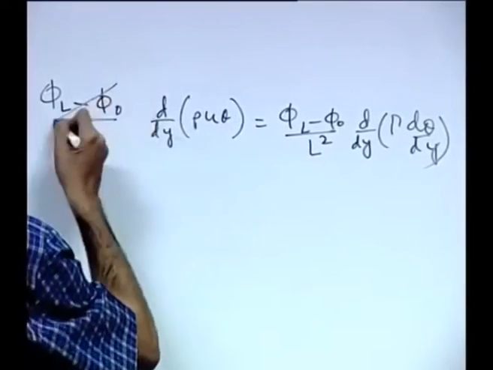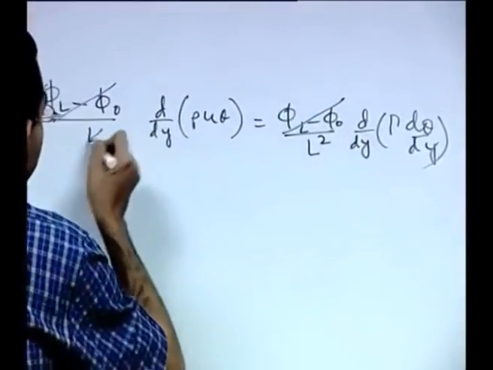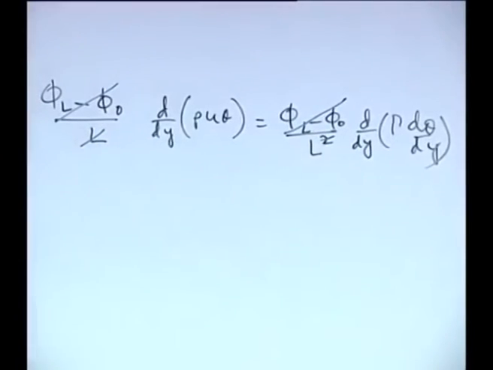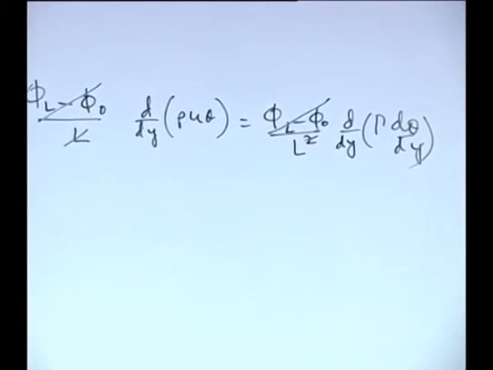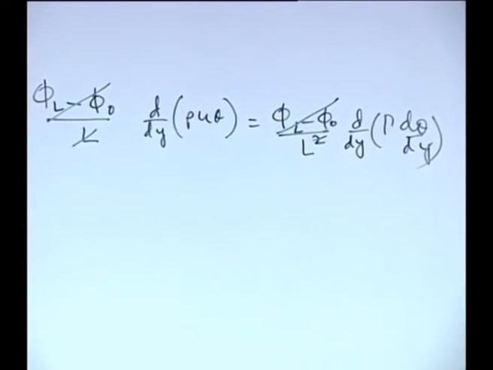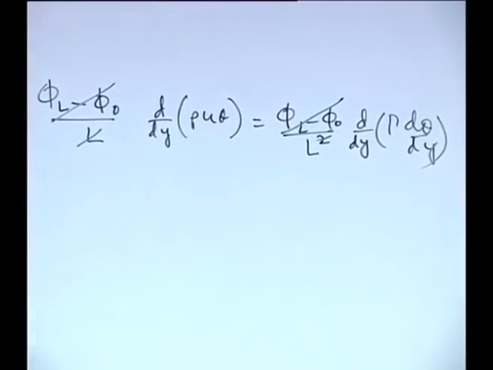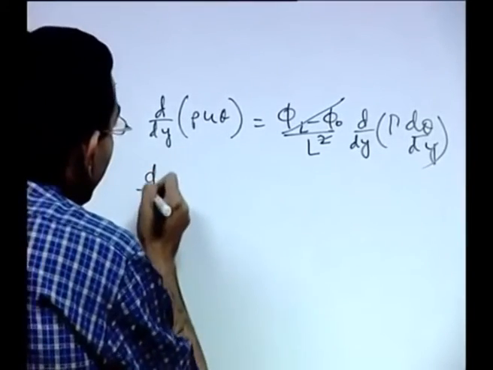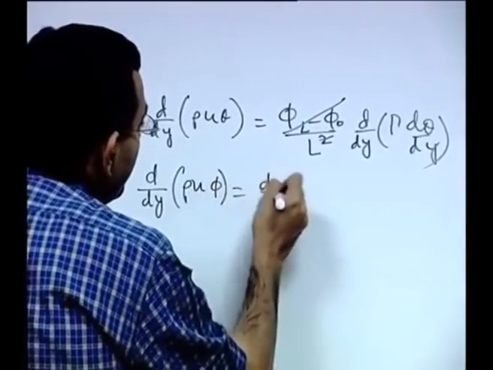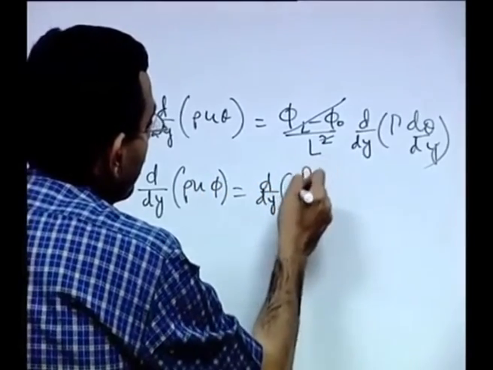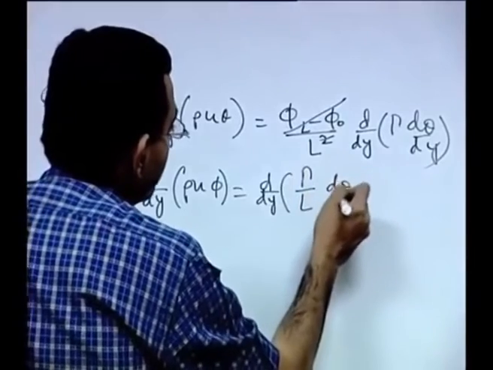We can cancel phi L minus phi 0 and one of the L's. So, we can write d/dy of rho u theta is equal to d/dy of (gamma by L) d theta/dy.